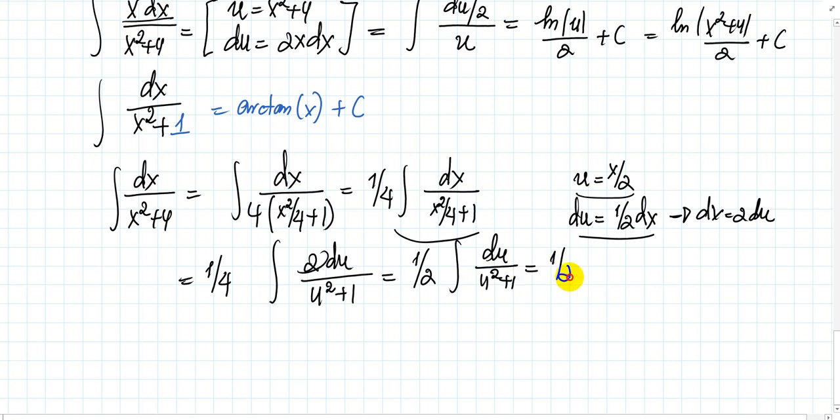So 1 over 2 arctangent of u, or this is 1 over 2 of the arctangent of x over 2. Okay? So if you have the third case where the denominator is irreducible, then you need to deal with this integration, with the arctangent. Okay?